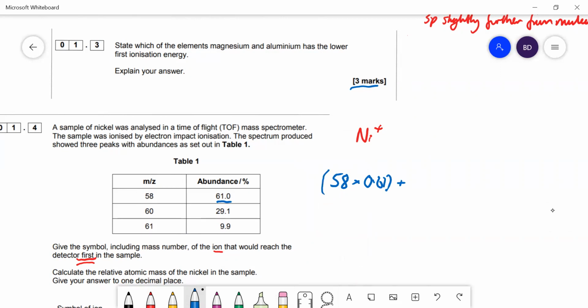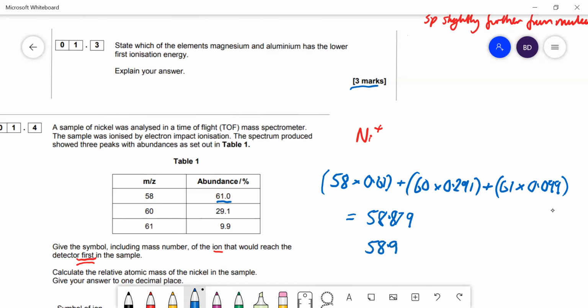And then plus 60 times the abundance of that one, which is 29%. That's 0.291 plus 61 multiplied by 0.099. And that gives us an answer of 58.879. Now it says to give it to 1 decimal place, so that should be 58.9 to 1 decimal place.